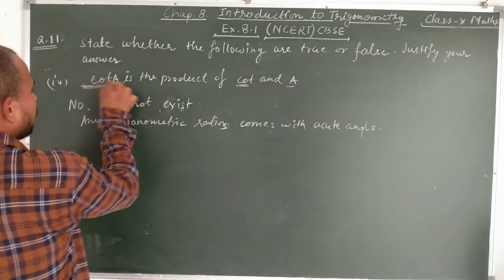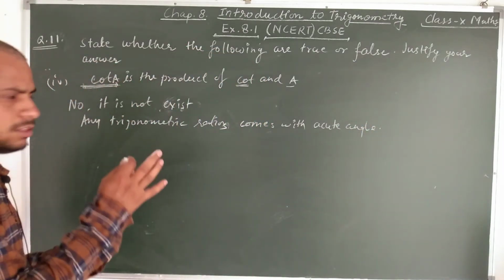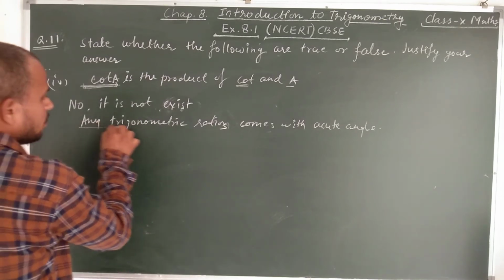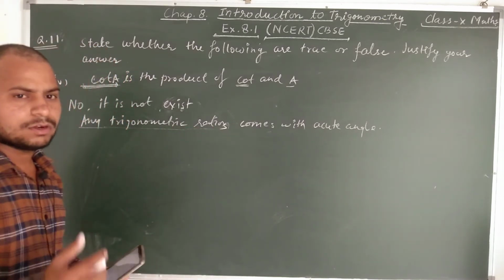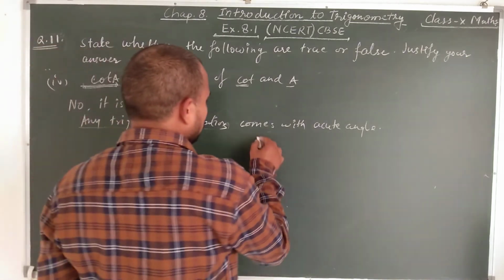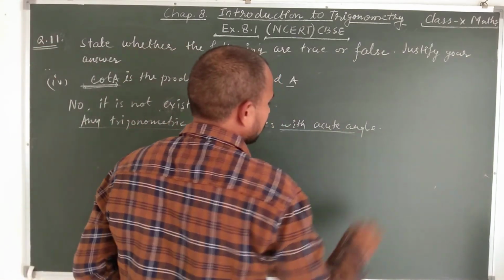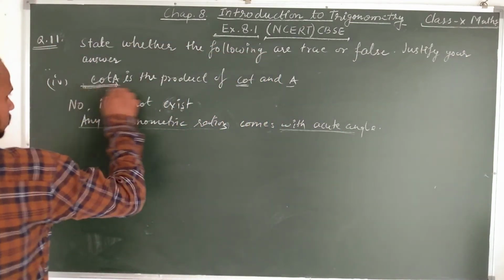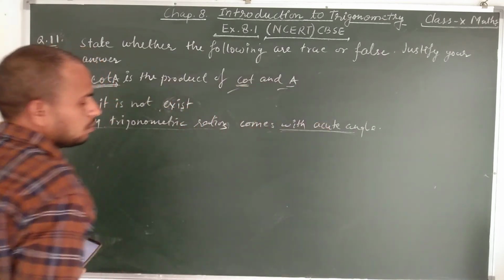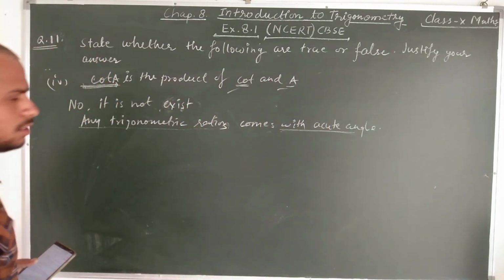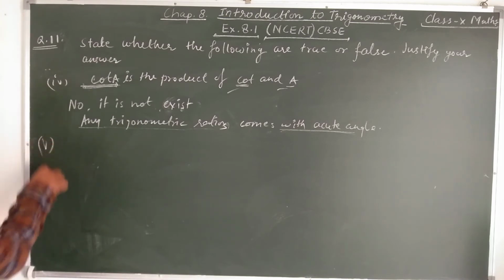So this is not a different thing, this is one thing. So this is false. This is not the product of cot and A. And we have to proceed.